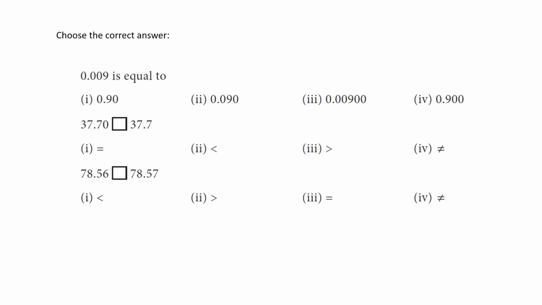So here also if we put 0 it will be equal. So the first option is correct. Next one, 78.56 compare 78.57. The whole number part and 10th parts are equal, so 6 is less than 7. So the first option, less than, is the correct answer.